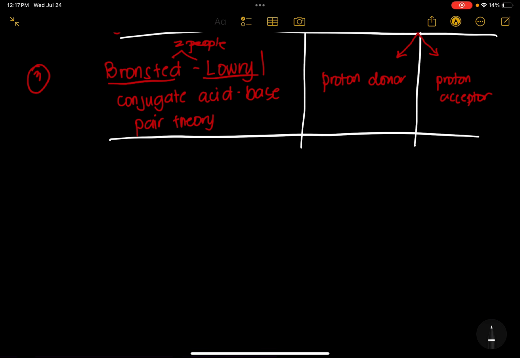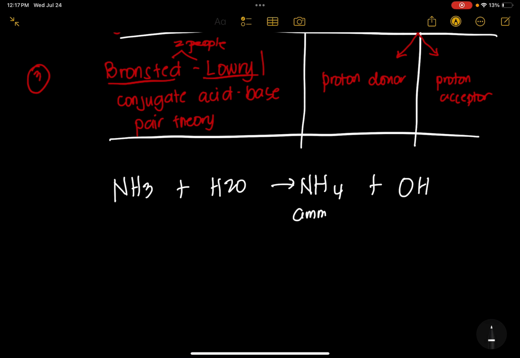So, we have NH3 plus H2O and NH4 plus OH. This is ammonium and ammonia. So this is water, this is hydroxide.